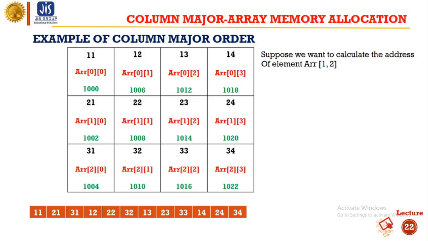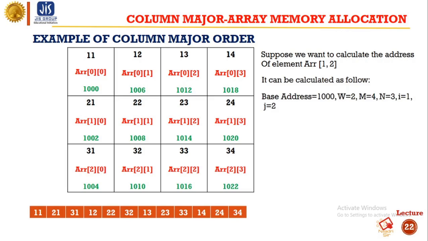Suppose we want to calculate the address of element ARR12. So how will we do it? Here the base address is 1000, W is 2. Two means each element of the array will take 2 bytes of space, as the elements are integers.